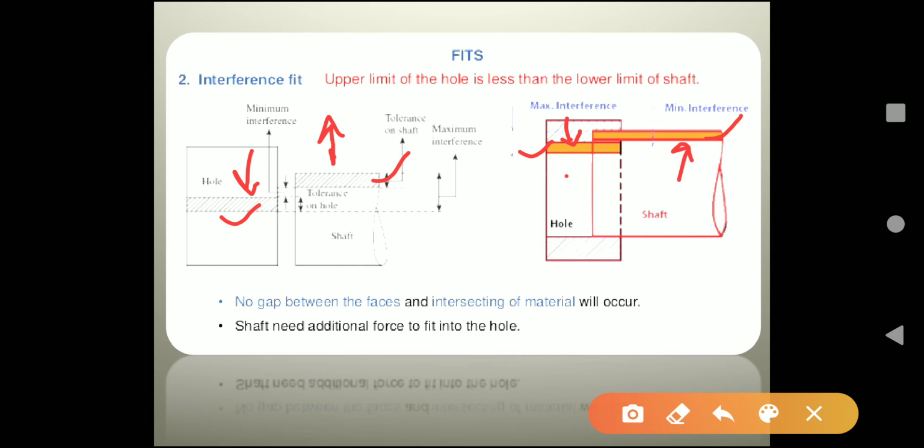Here is exactly how the representation of an interference fit is shown. Such types of fits can be seen in the fitting of a chuck on a spindle of a lathe machine, or the mounting of bearings in the bearing mounting hole.